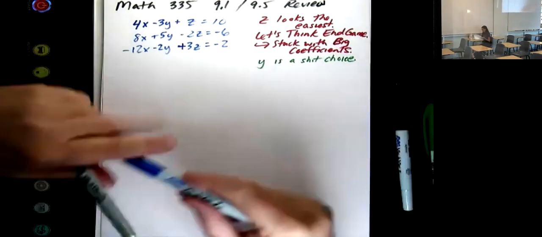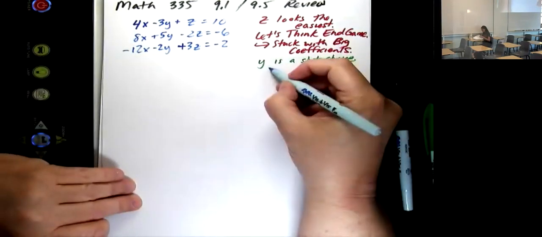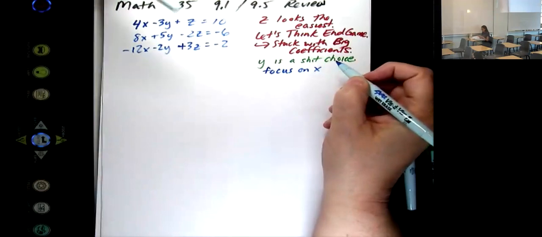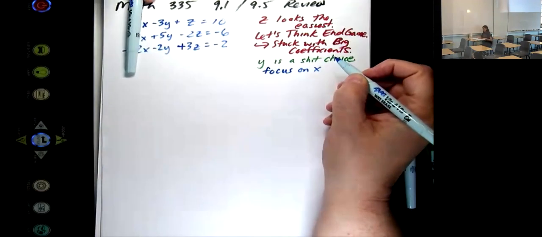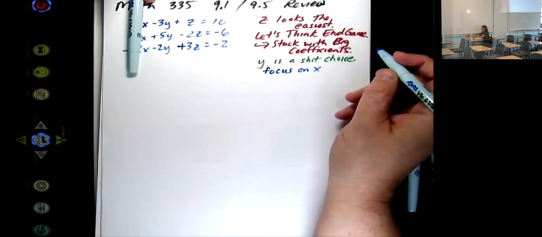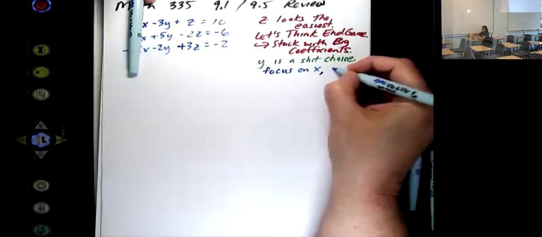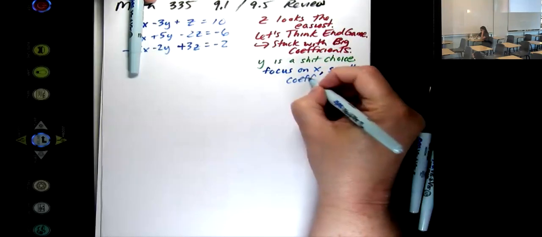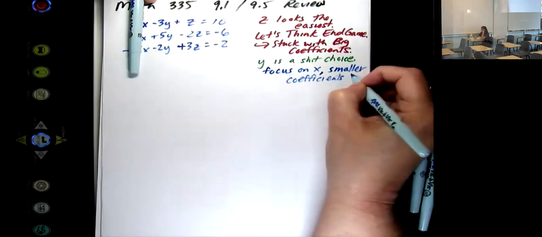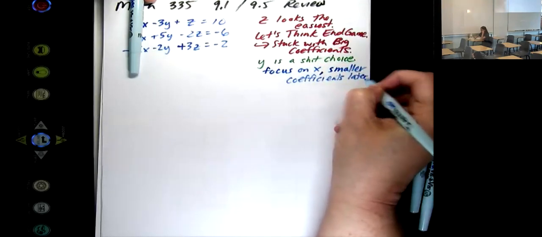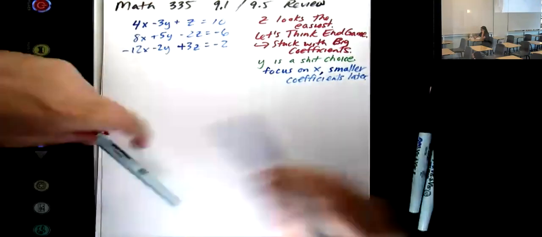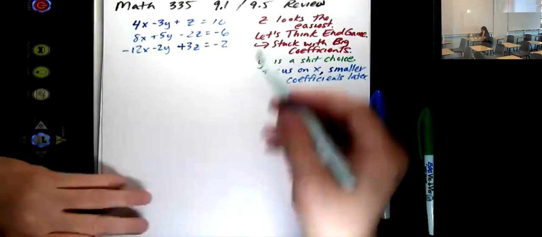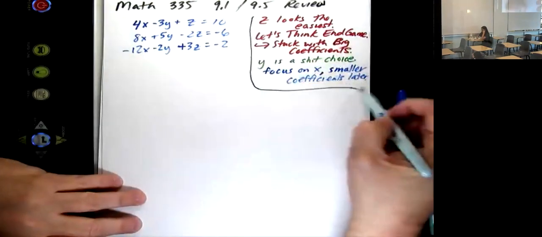And if we get rid of x, we'll be stuck with y and z, which has smaller coefficients later. I think that's something we should take a look at doing. So why don't we look at getting rid of x?